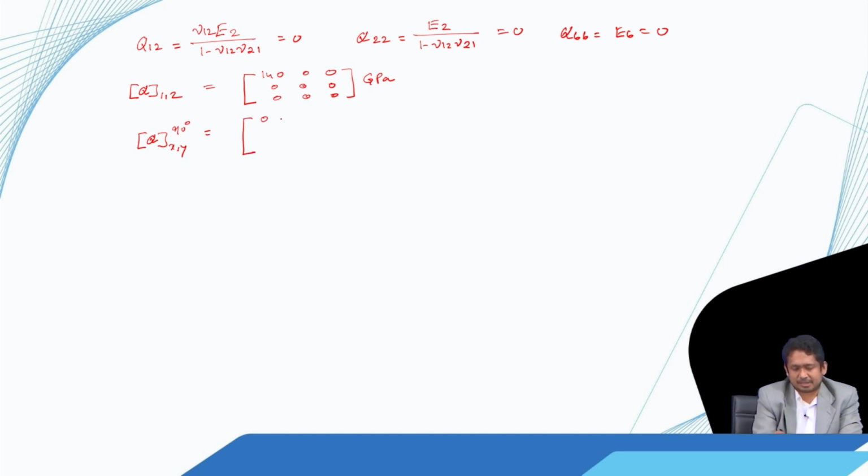So, this matrix becomes 0 0 0, 0 140 0 and 0 0 0 GPa. Now, the Q in the XY system for other plies remains same.